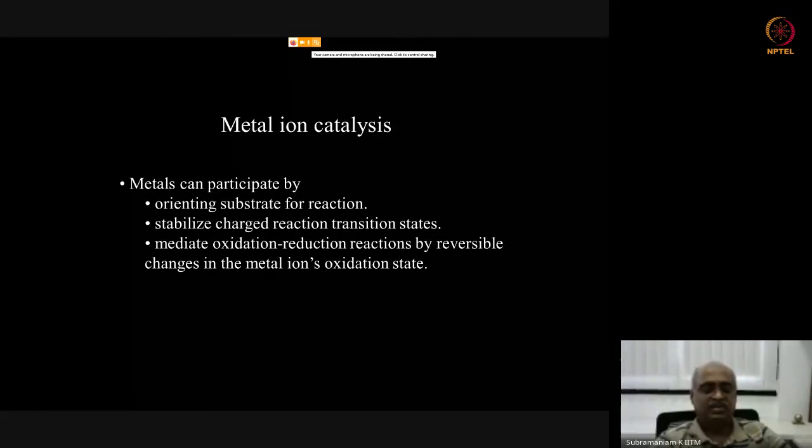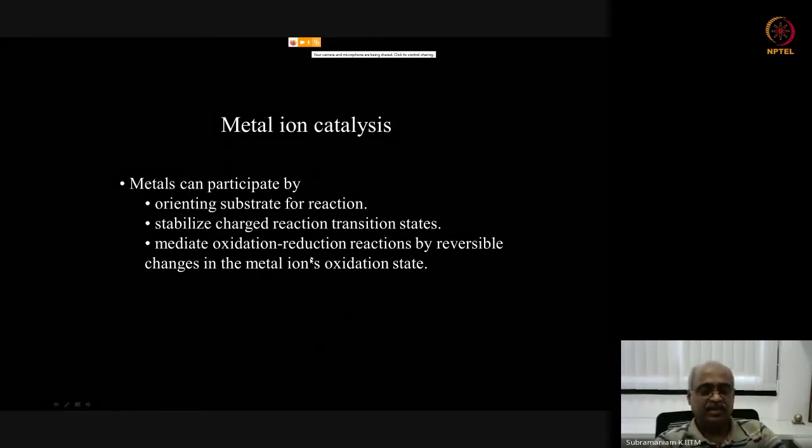Many ions have multiple oxidation states, for example, ferrous, ferric, cupric, cuprous. By reversibly going from one state to the other, they can help in electron transfers, oxidation and reduction, losing and accepting electrons. So these are the ways by which metal ions help in enzyme catalysis.